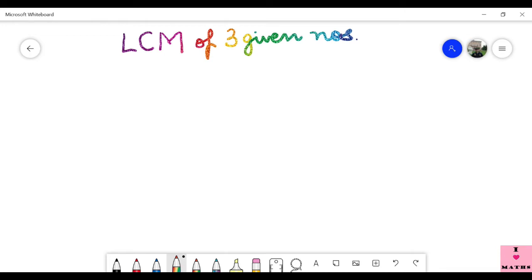I'm sure you must have practiced enough and mastered it. So today we will find out the LCM of three numbers. So the very first set which I am taking is 6, 8 and 10. So I want to find out the LCM of 6, 8 and 10.